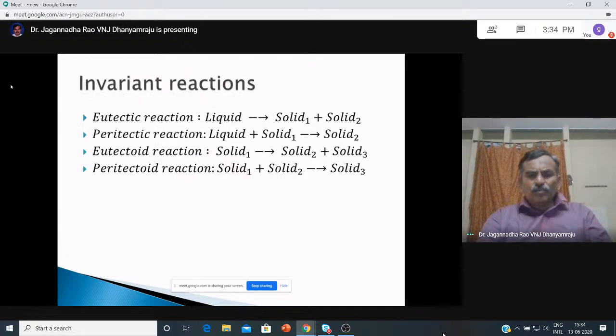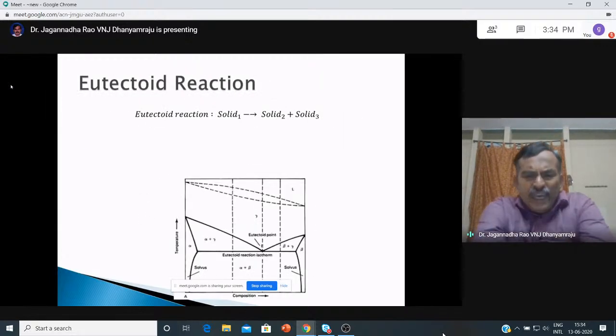And again, go back. Here, if you see a hypoeutectoid alloy, within the two-phase region, you have alpha and gamma. Right? We have alpha and gamma, that is a binary structure. And after that, when the gamma reaches the eutectic composition and eutectic temperature, gamma will be again separated into alpha plus beta.